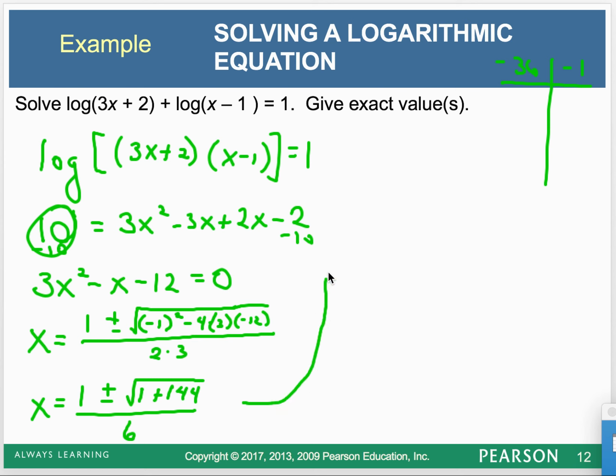Okay. So x is 1 plus or minus the square root of 145 all over 6. Okay. So the square root of 145 is larger than 1. I know that.